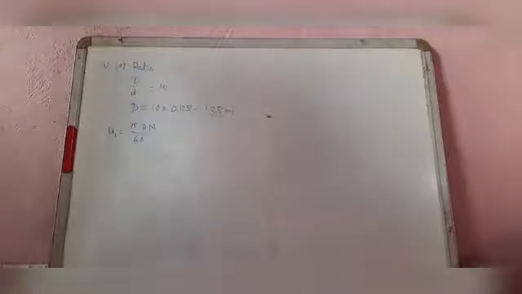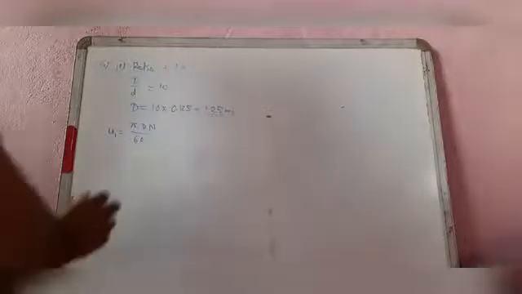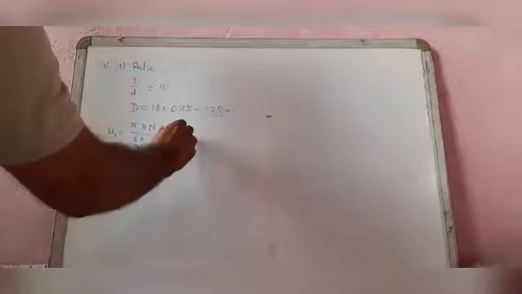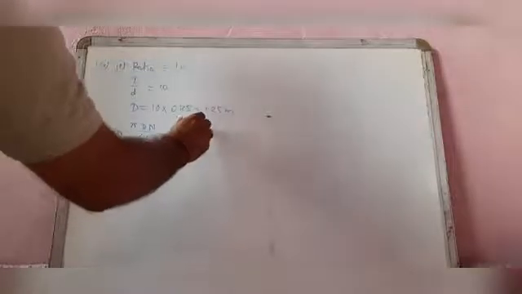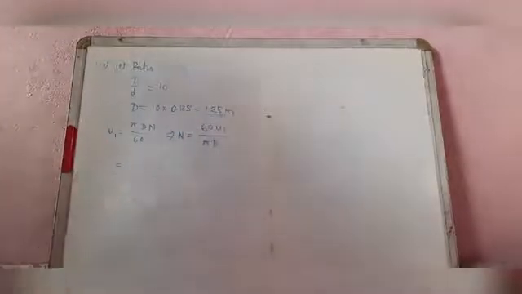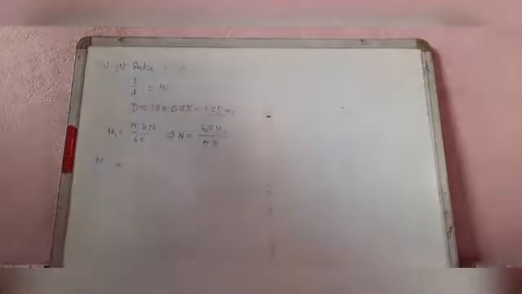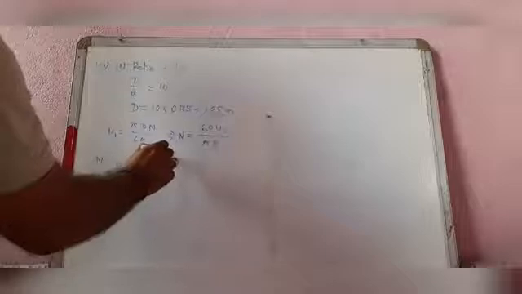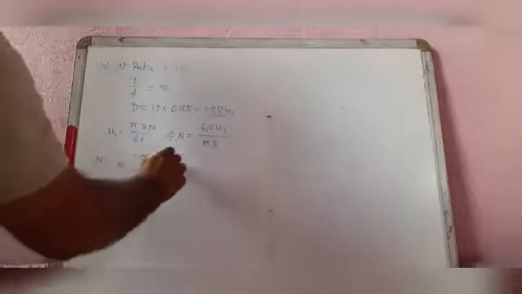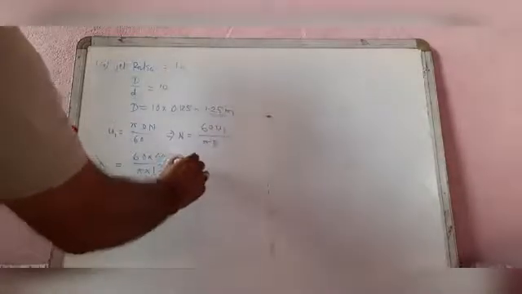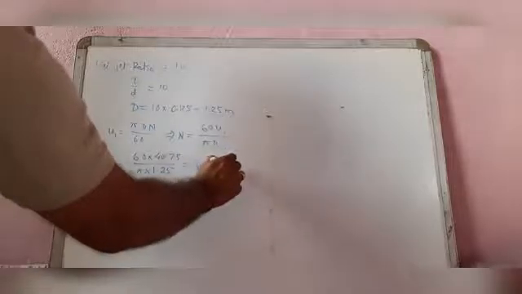So putting the values here, we have to find out the N. For this, N equal to 60 U1 by pi D. So N equal to 60 into 40.75 by pi into 1.25. This comes 620 RPM.